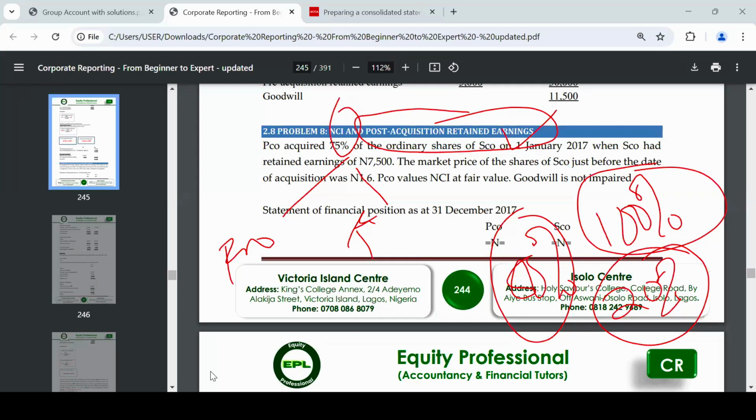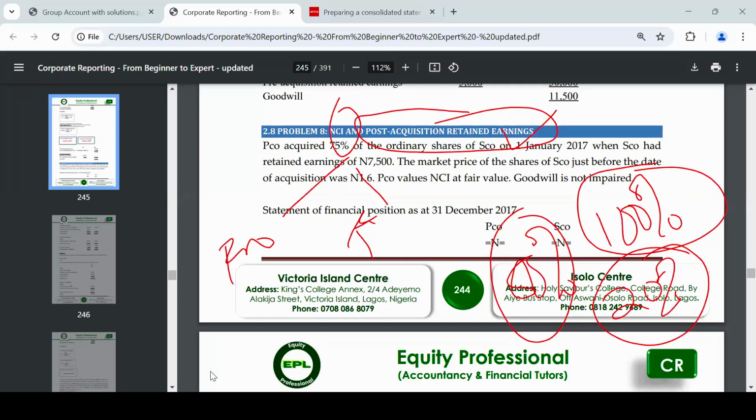The consideration is higher simply because they view the company they are acquiring as having grown over the years and built a sort of reputation that they are paying for. I don't know if this is understood. So that is why goodwill will be recognized on consolidation.